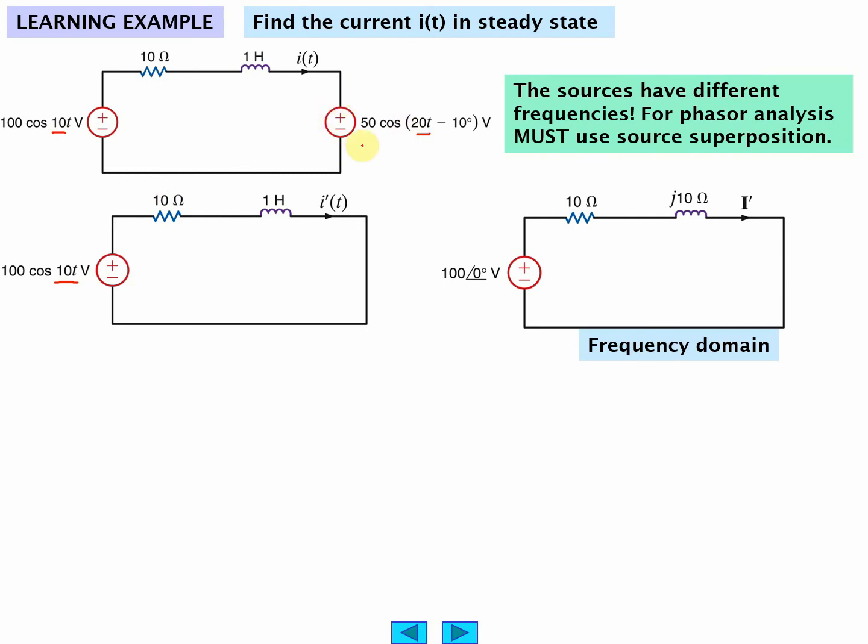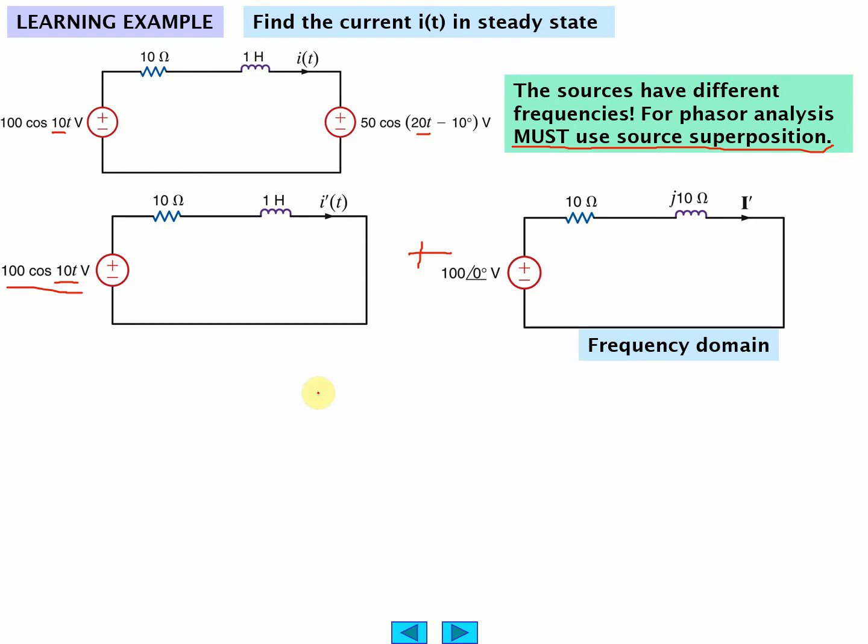This is a voltage source. You use superposition. You gotta use superposition. You treat this voltage source as a short and solve everything using this voltage source. Then you reverse it. You have two circuits.